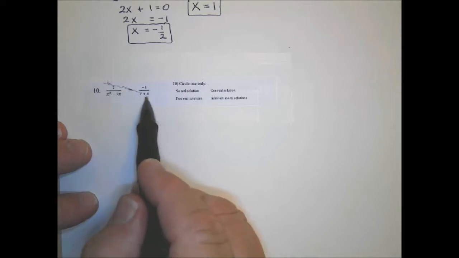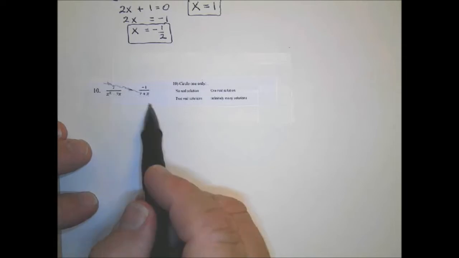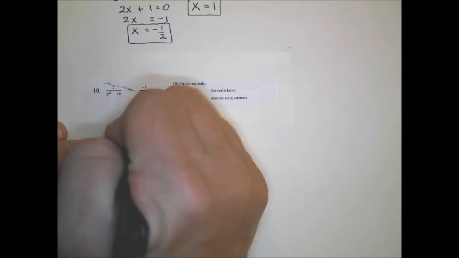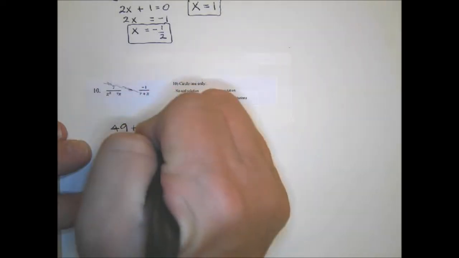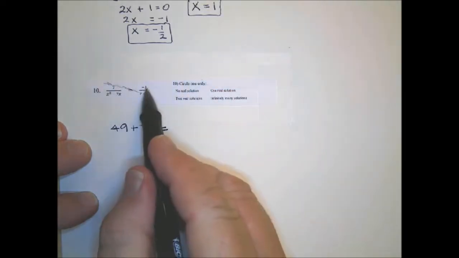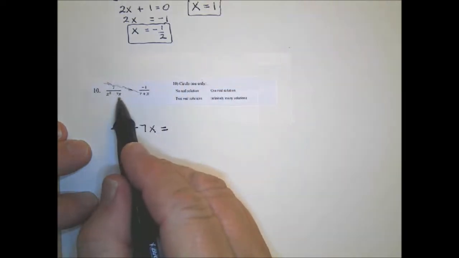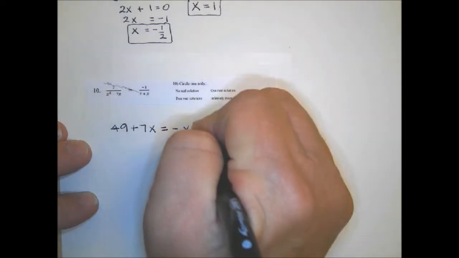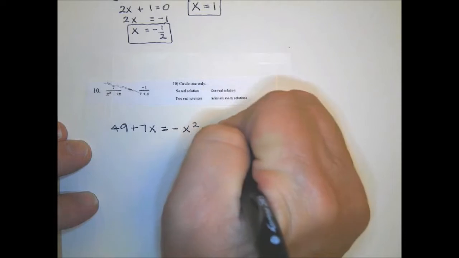It's as if the 7 plus x had parentheses around it, because you are distributing. So this would be 49 plus 7x equals, now negative 1 times x squared minus 7x is negative x squared plus 7x.